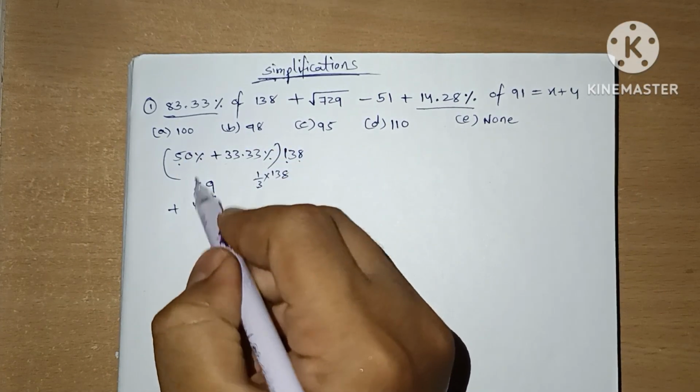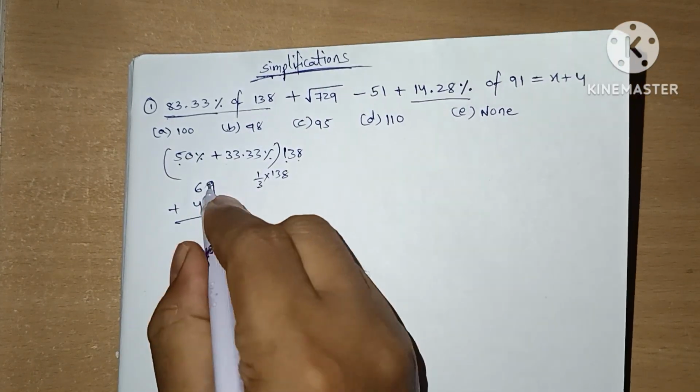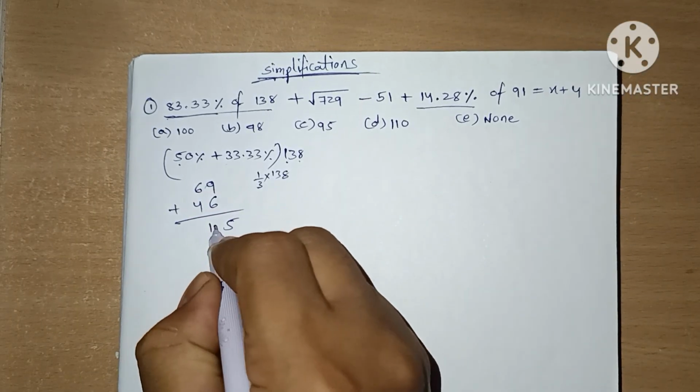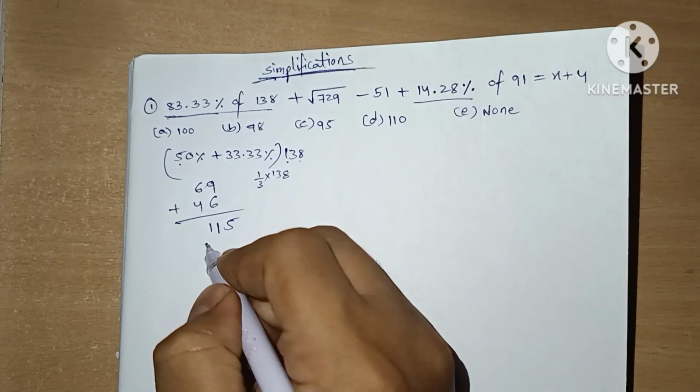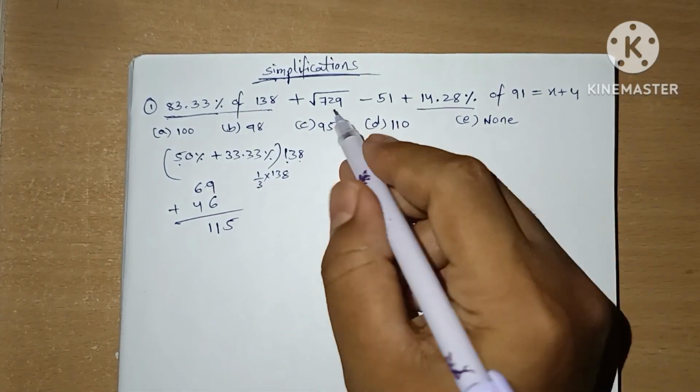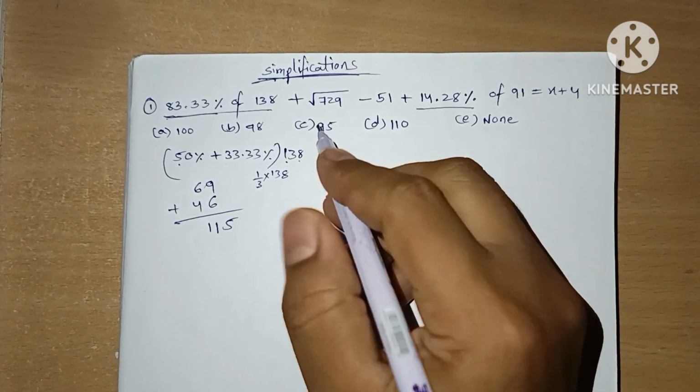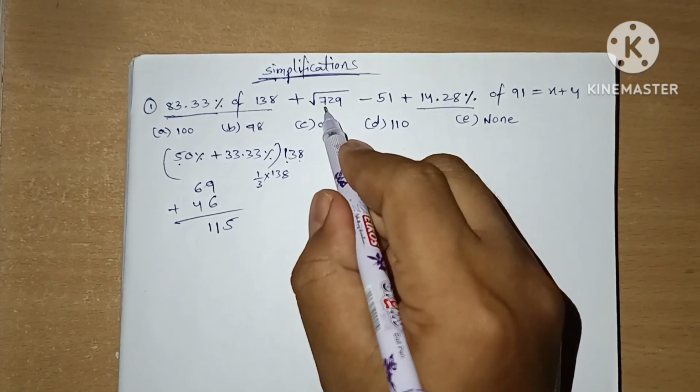So the total value of this one is nothing but 115, and we must remember 1 to 60 squares because of this one.